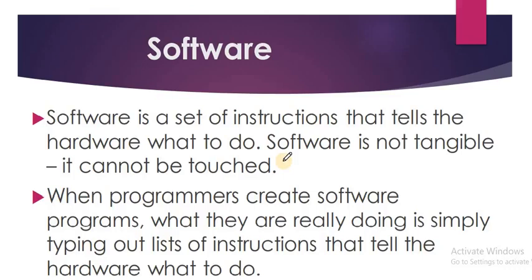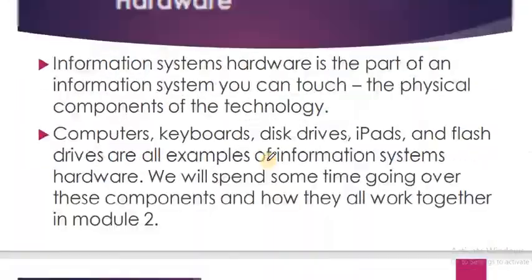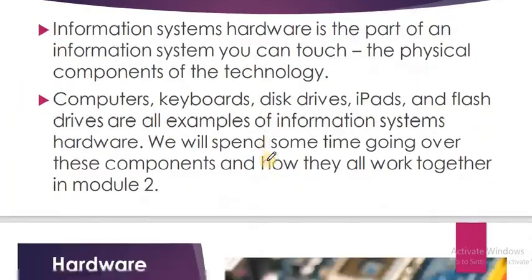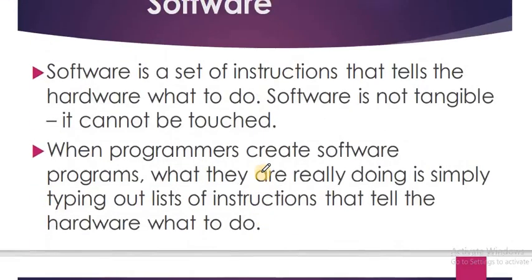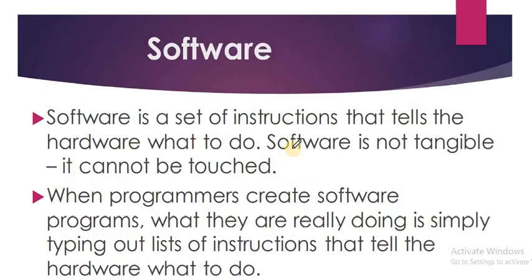We've said hardware is the physical part of a computer system that you can see or touch. Now we are talking about the software. We say a software is a set of instructions that tells the hardware what to do.